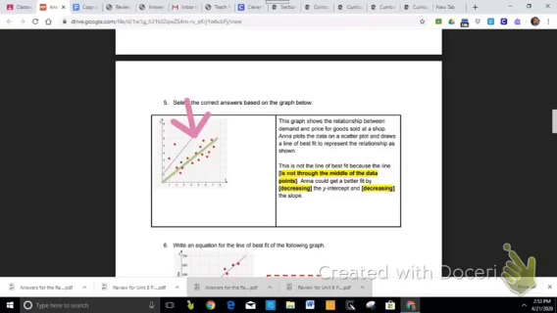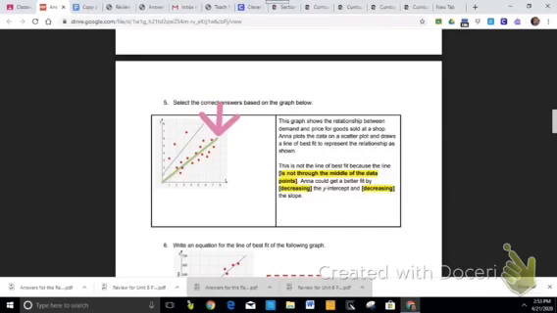Is the line that Anna drew in the middle of most of the points? Is that the line of best fit when fit into the middle of all the points? I would say no. This is not the line of best fit because it is not through the middle of the data points.